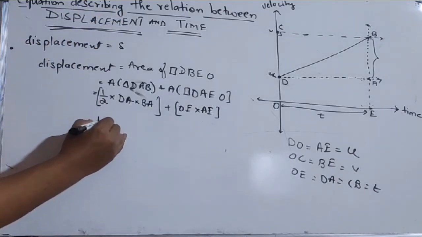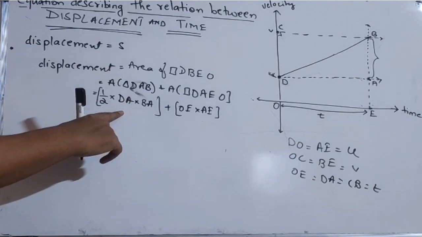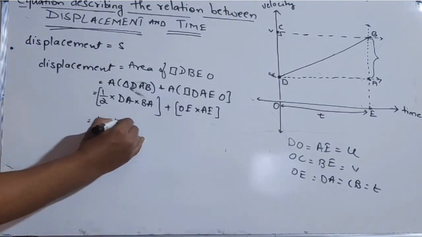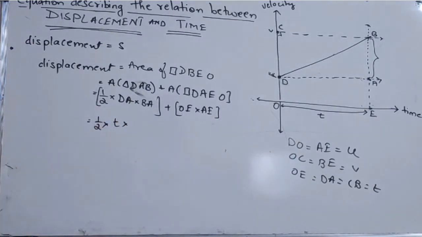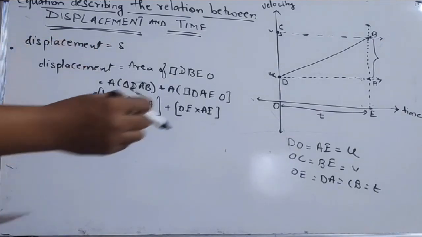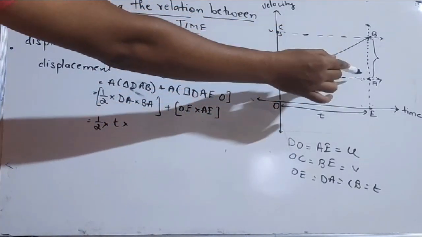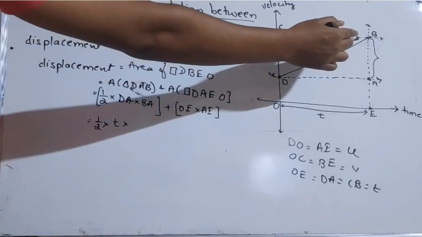Now let us start substituting the values. So this will be half multiplied by, what is DA? DA is T, into, what is BA? BA we don't have the value, but BA is the change in velocity. So how do you get the change in velocity BA?